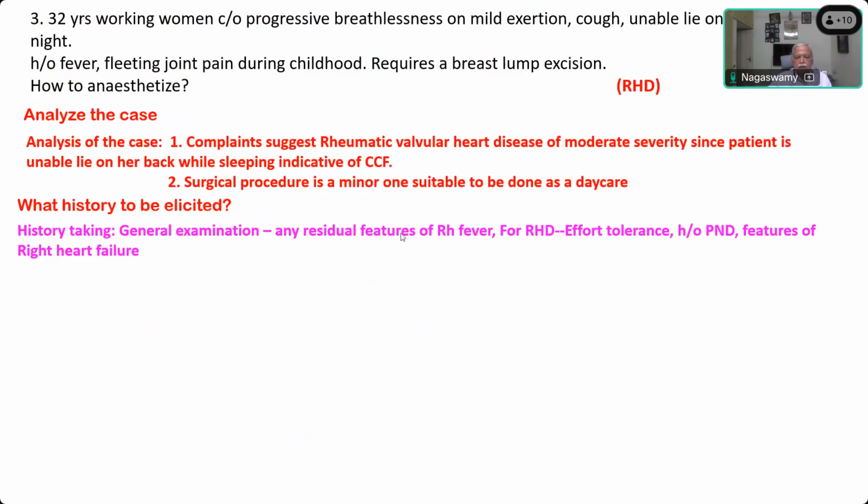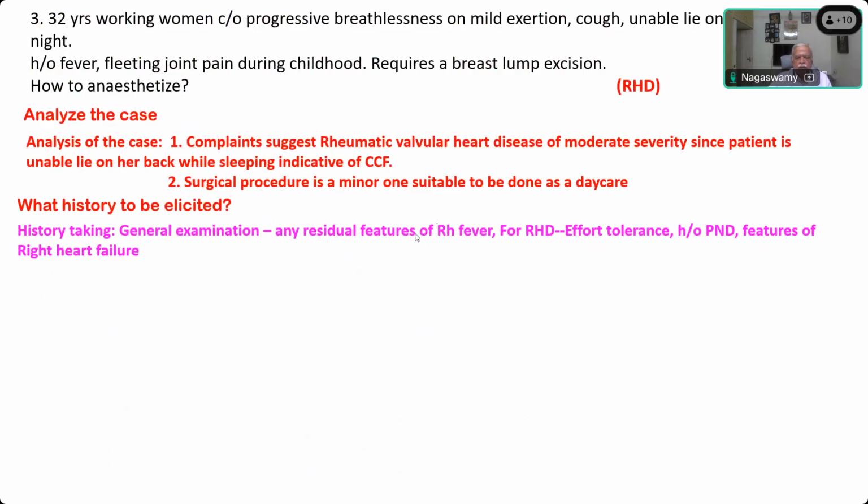But once all the rheumatic features have stopped after adolescence, about 18 to 20 years, the insult on the heart will also have stopped. On the contrary, in patients who continue to have joint pains and on and off fever, the pathology in the heart will still be going strong, especially when you plan for a mitral balloon valvuloplasty.